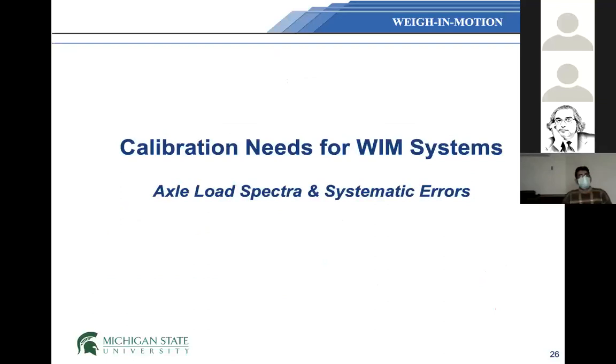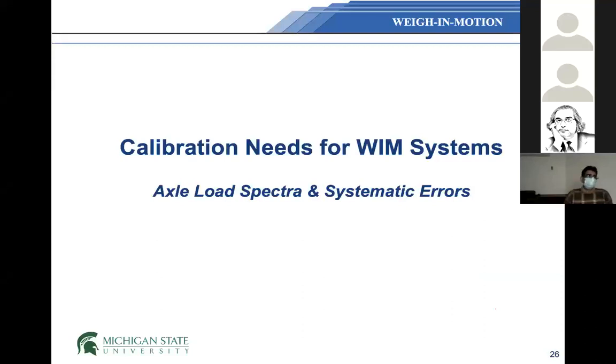Now, I want to talk about how this is going to impact the systematic error. If I want to see if a certain sensor is giving us accurate data, I can analyze the axle load spectra before and after calibration. And if I see a shift in the axle load spectra, then I can develop a model.